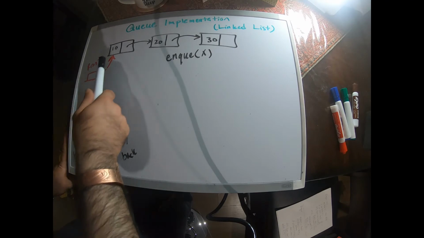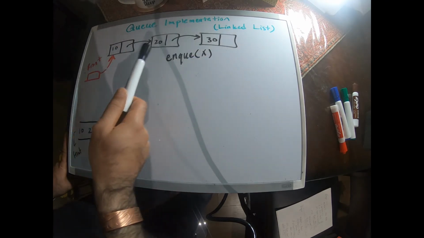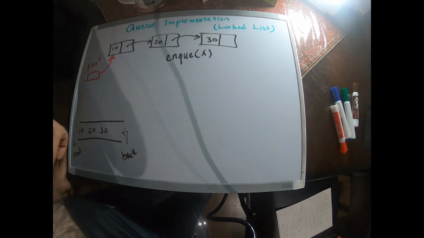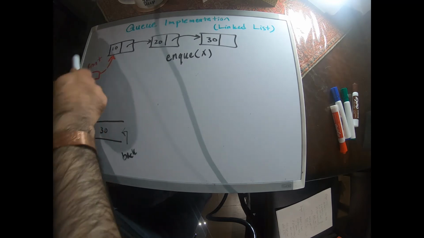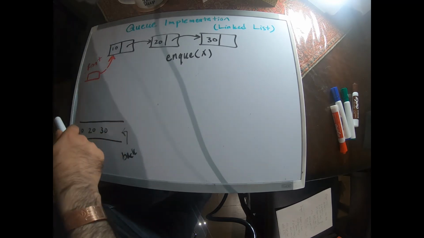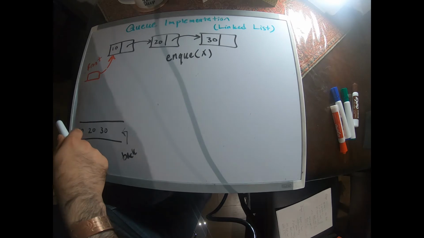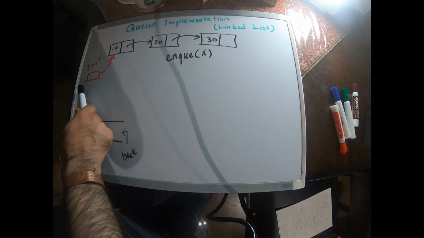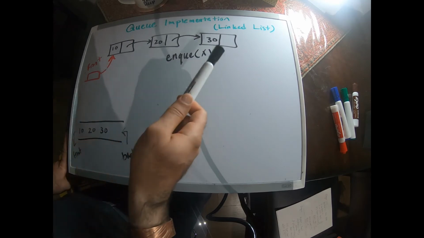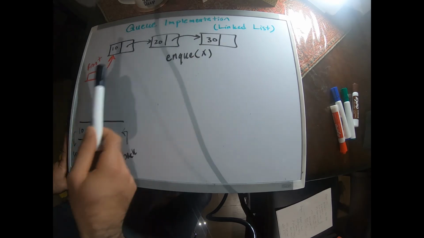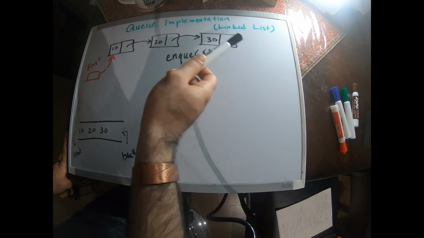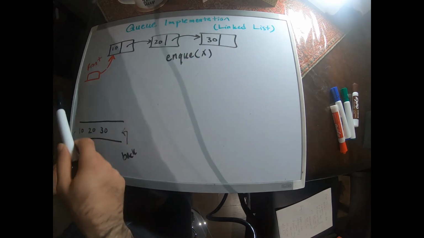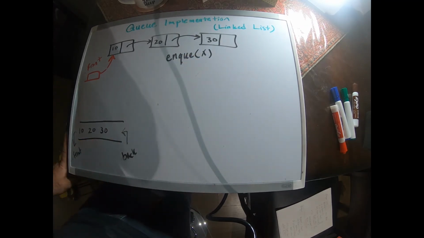So unlike the stacks that we were pushing and popping from the same end, we now have to have two ends in the linked list. One end that we do the removal from, which we call the front, and the other end that we have the insertion or pushing into the queue from.